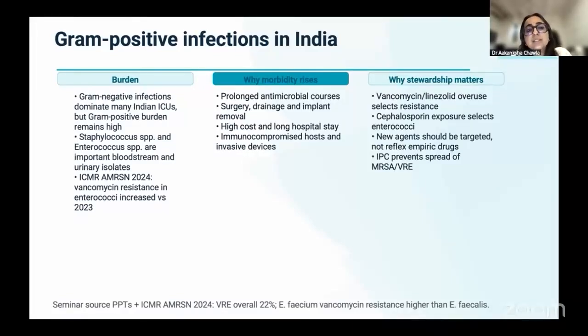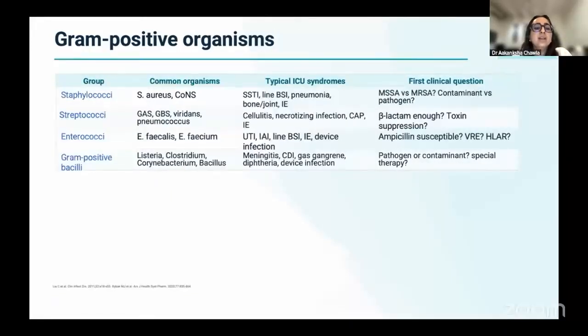So stewardship is what matters because it would prevent overuse of drugs like vancomycin and linezolid. Cephalosporin exposure also selects enterococci. So infection prevention and control measures need to be in place to prevent MRSA and VRE from occurring. The gram-positive organisms that we often see are staphylococci, streptococci, enterococci, and other gram-positive bacilli like Clostridium, Listeria, Corynebacterium.